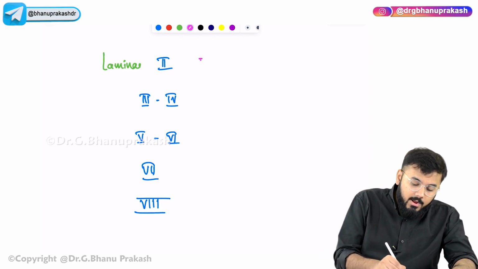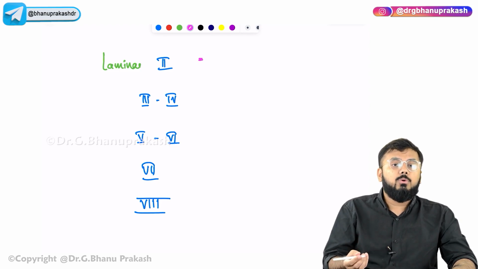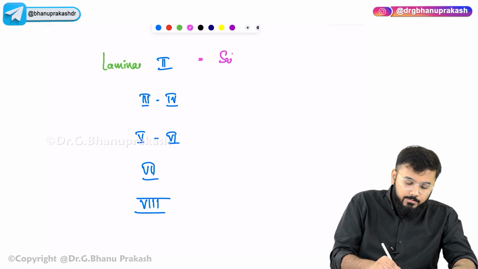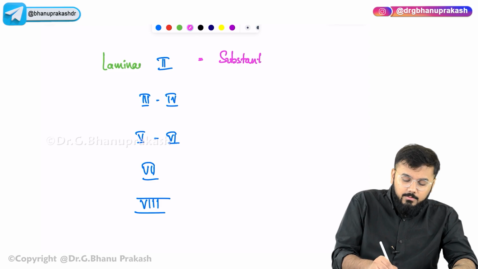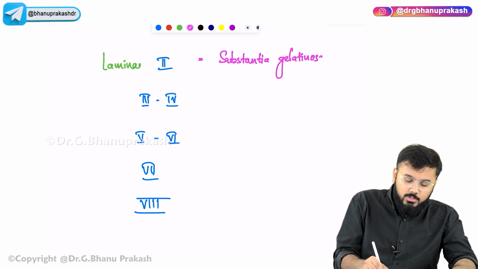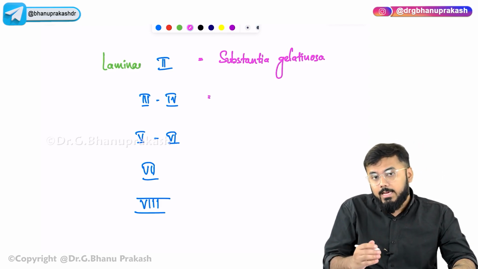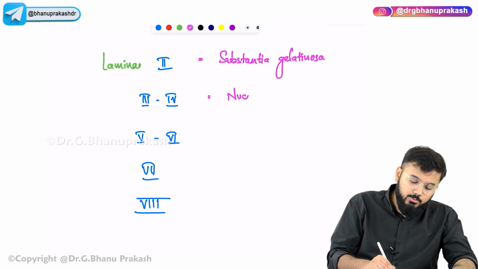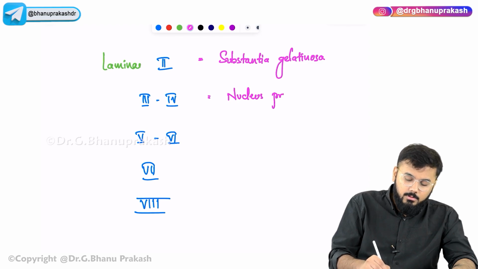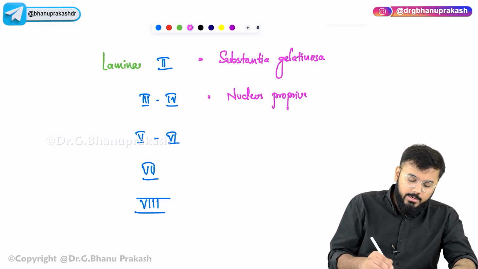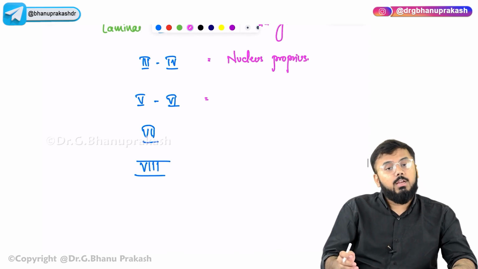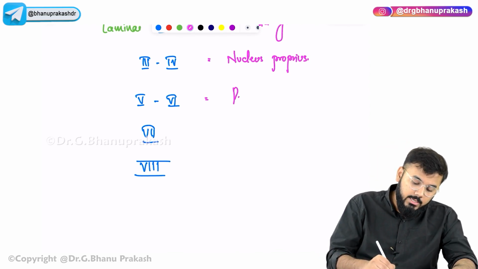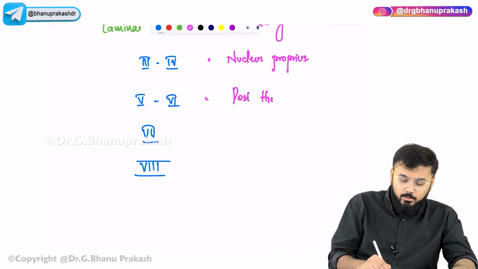Lamina 2 will correspond to a nucleus called substantia gelatinosa. Laminae 3 to 4 will correspond to a nucleus called nucleus proprius. Laminae 5 to 6 will correspond to the posterior thoracic nucleus.